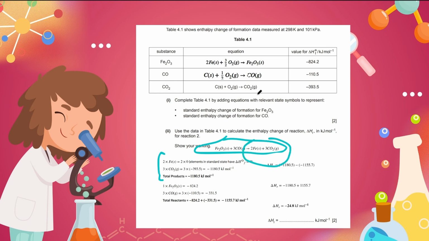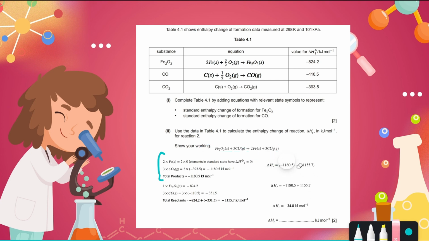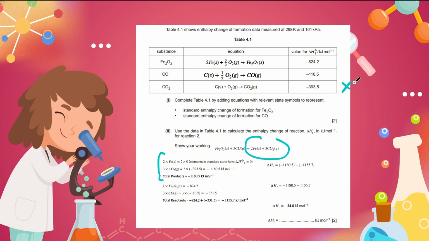Wait, let me erase it because it's quite confusing. This is the 2Fe and a 3CO. We know CO here, CO2 right here. Just multiply it by 3, and then we get minus 1180.5 kJ/mol. While the left one is just standard, except the CO. We just multiply it by 3 again, and then do the delta H, which is the product minus the reactant.